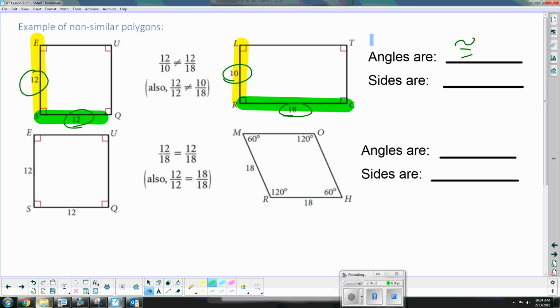Well, if we set up a ratio for ES to LR, that would be 12 to 10, and that is not equivalent to the ratio of SQ to RC, which is 12 to 18. So this ratio is not equivalent to this ratio, so therefore sides are not proportional.